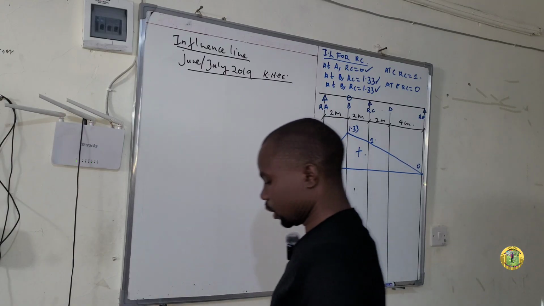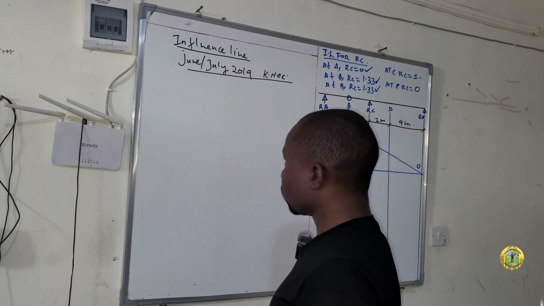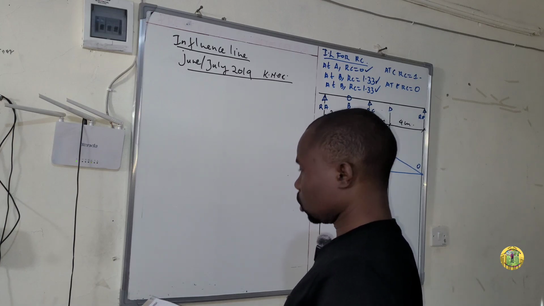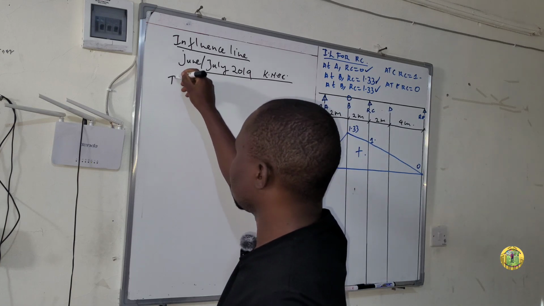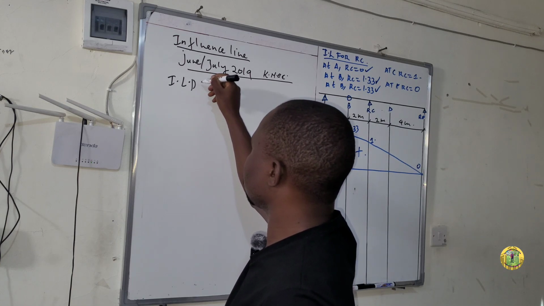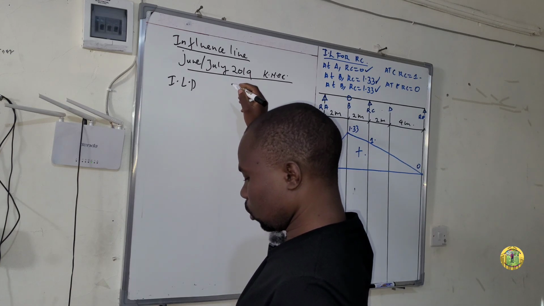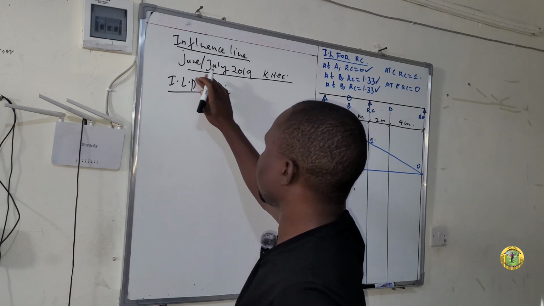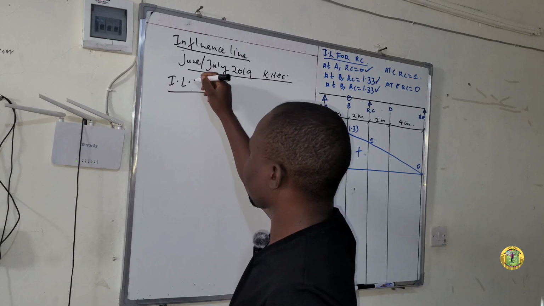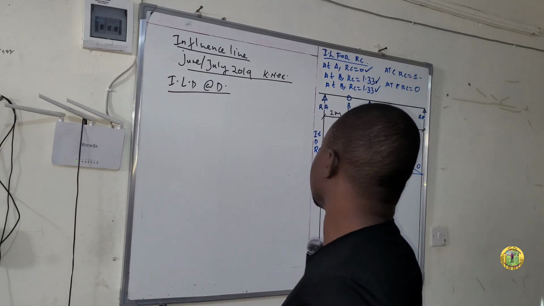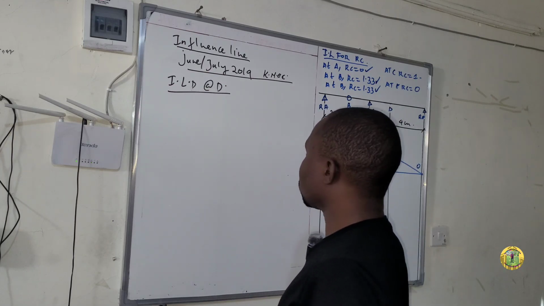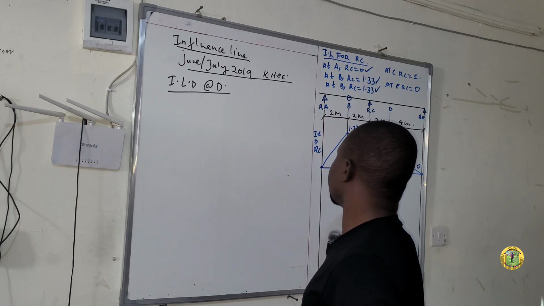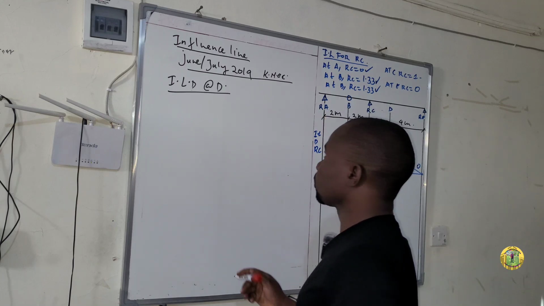So part B of the question is to draw the influence line diagram at D. But before then, let's calculate the moment at various points. So again, I will draw the beam.